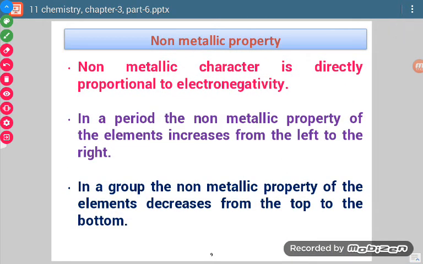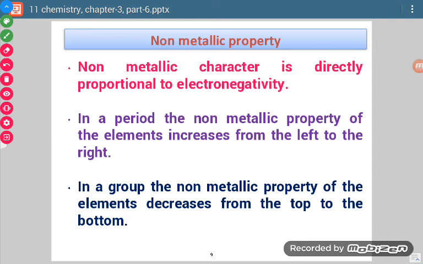One more thing, we have discussed metallic property. Metallic property is the tendency of the element to form a positive ion by losing an electron. If loss of electron is easiest, then we say it is more metallic. The reverse of this is non-metallic property.